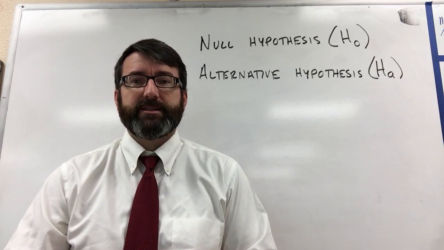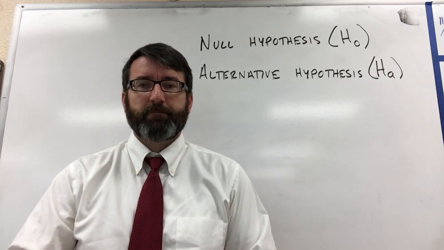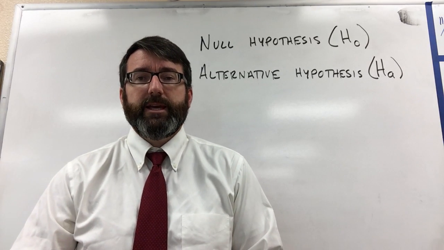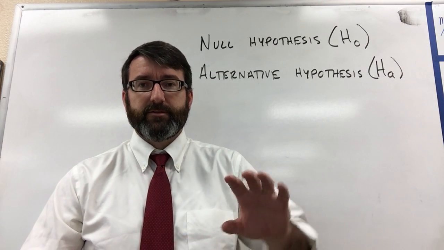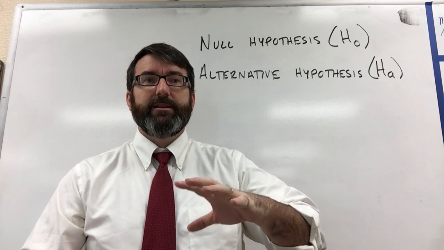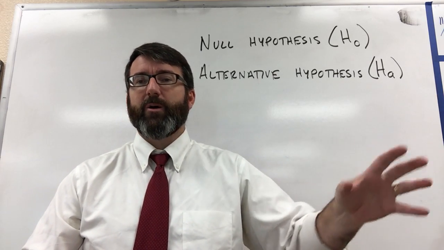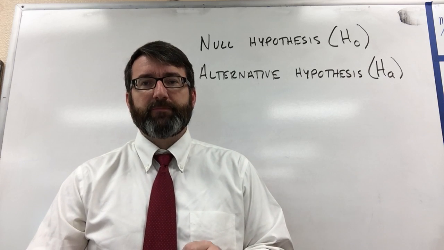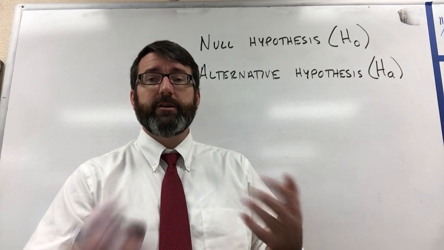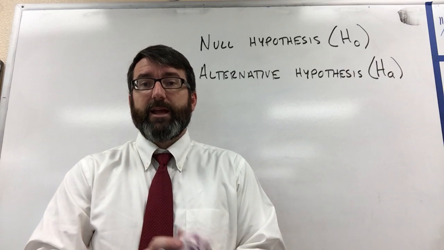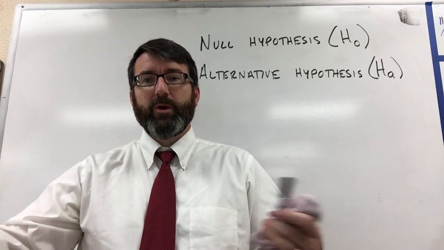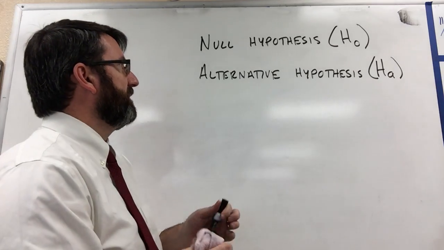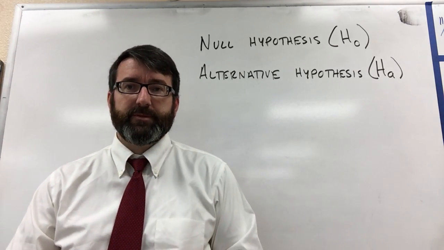The alternative hypothesis is that something is going to happen. So in our case, the null hypothesis is that nothing is going to change. More people are not going to like math because we introduced Socratic seminars. And the alternative hypothesis would be that something will change, that more people will like math if we start doing Socratic seminars.